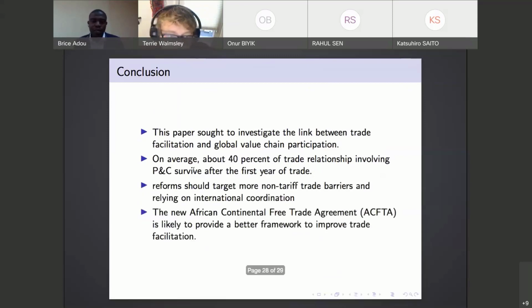We show that trade relationships still do not survive for long, but they are better than in other countries when you consider other countries' exports. And in terms of policy recommendation, policy makers should focus on improving both tariff and non-tariff trade barriers, and also rely more on international coordination.